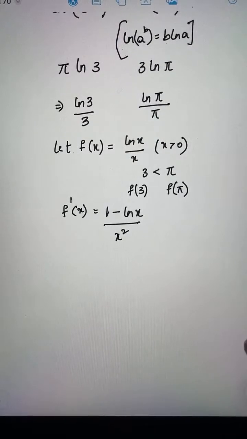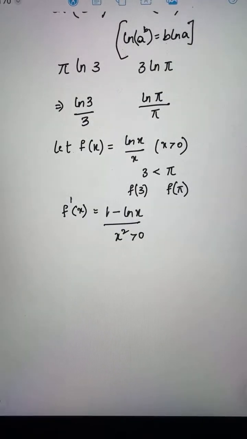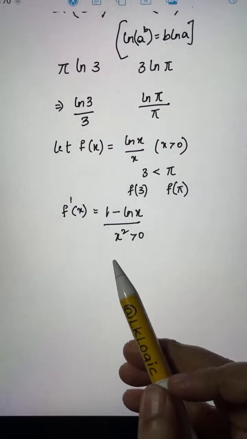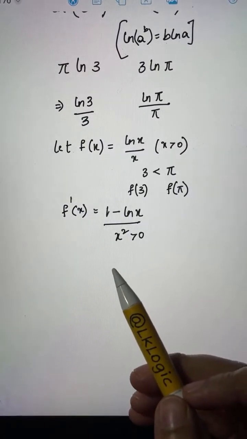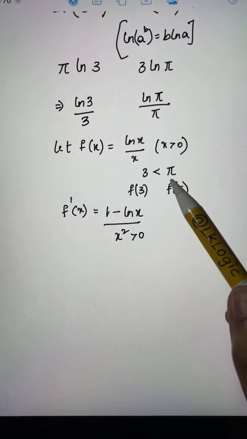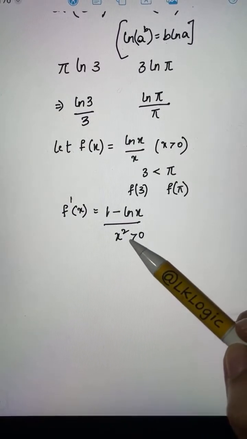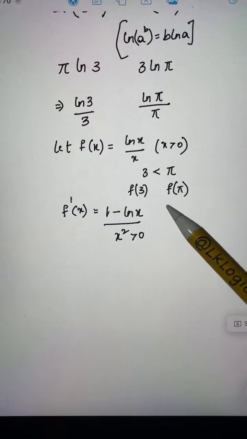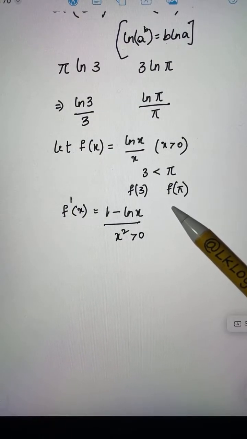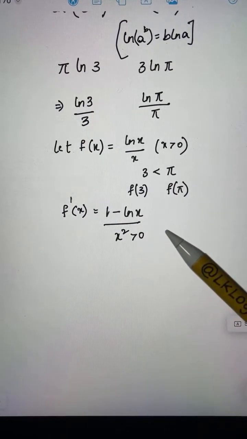As you know x is positive, so x squared is positive. Before we compare 3 and pi, we want to know if this function is increasing, decreasing, or constant, that is, if the derivative is positive, negative, or equal to 0.